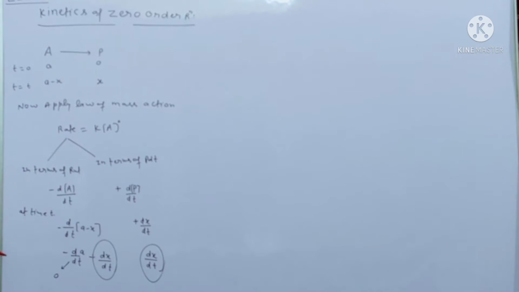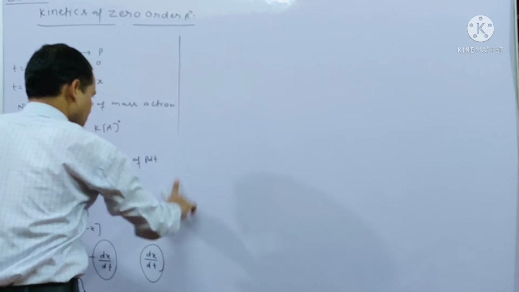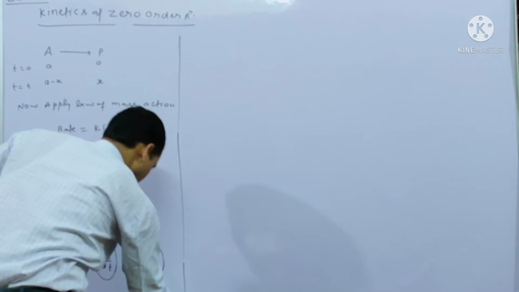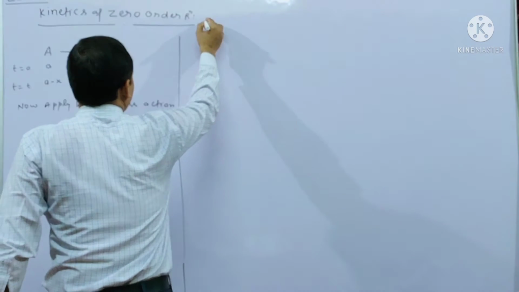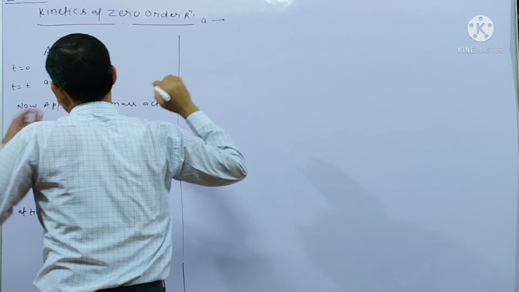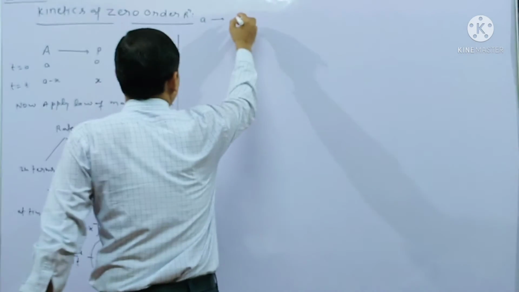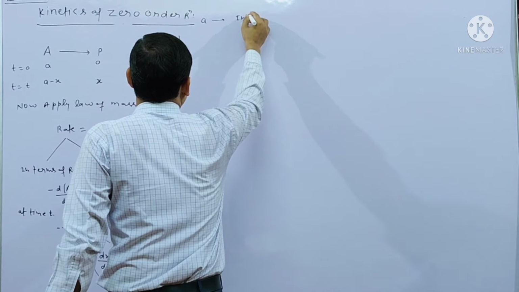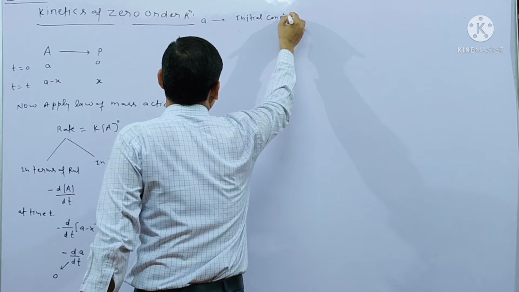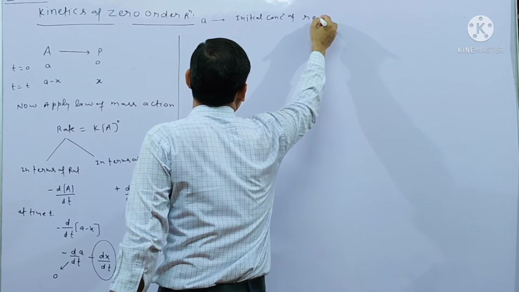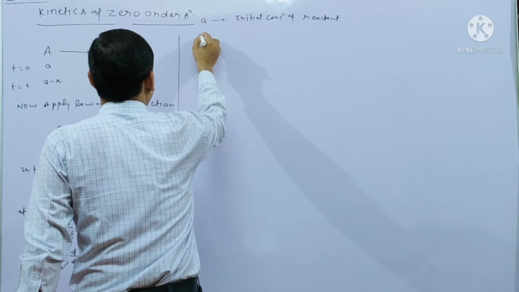So let me explain some terms. What are these terms? First of all, A. What is A? Here A is the initial concentration of reactant. And what is A minus x?